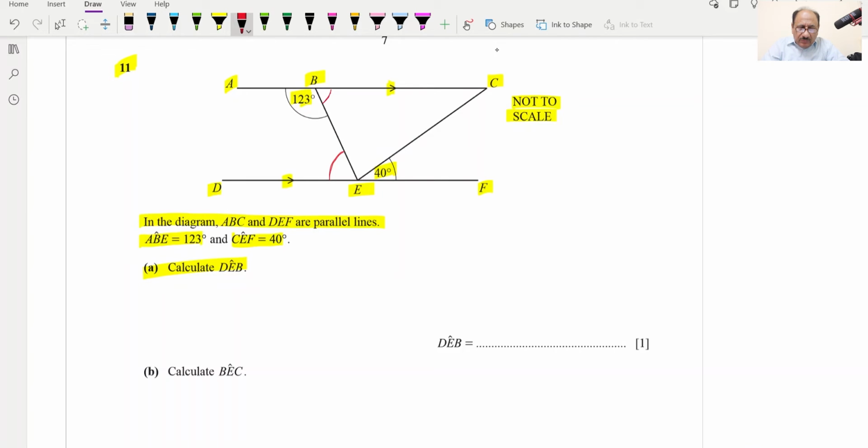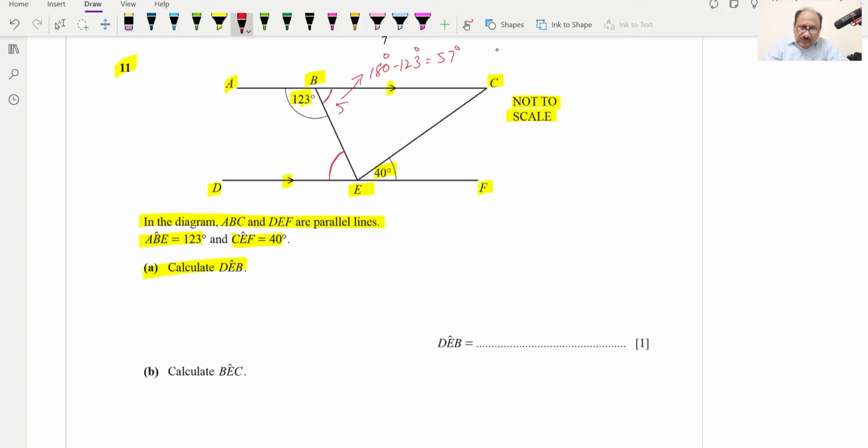This angle will be 180 minus 123. This will be the remaining angle on a straight line, adding up to 180 degrees. So this will be 180 minus 123 degrees, which is equal to 57 degrees.